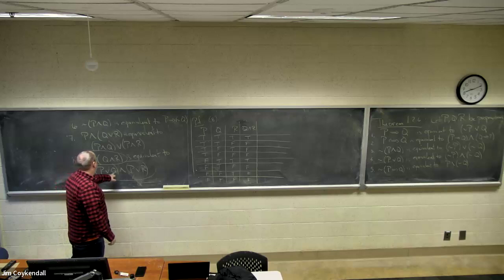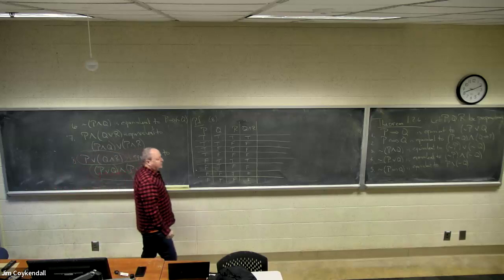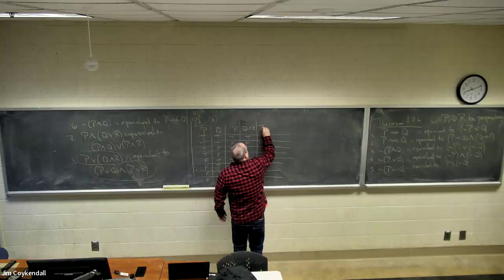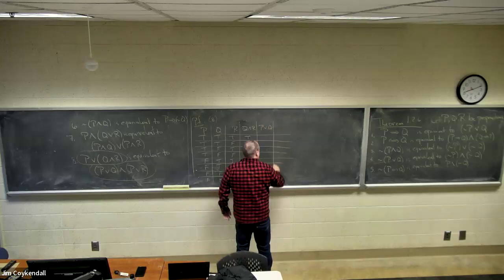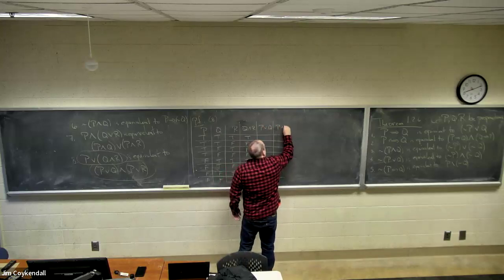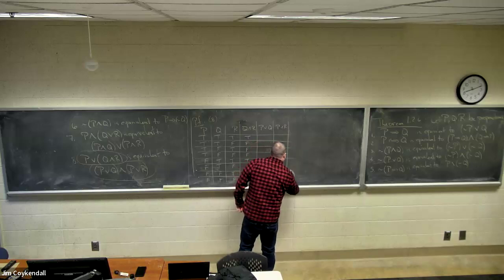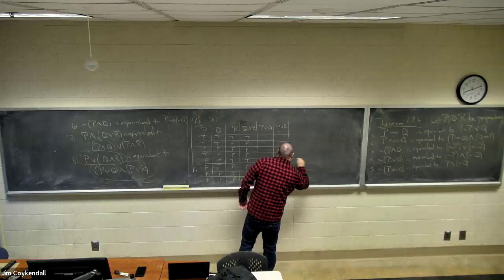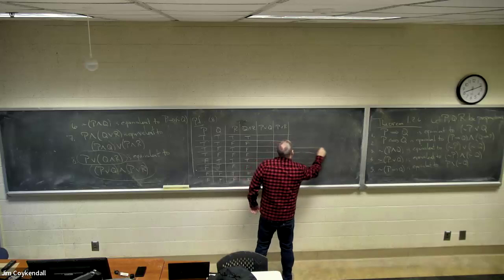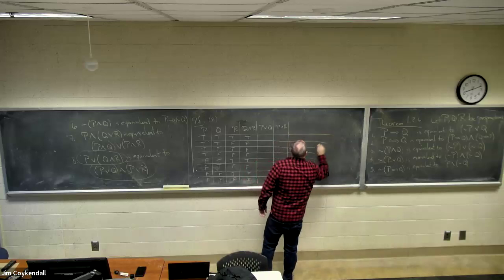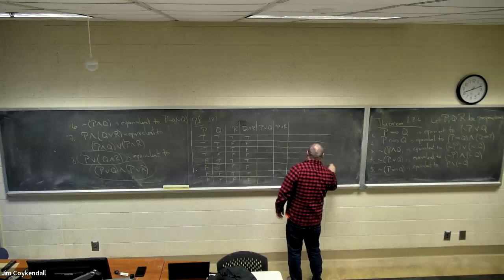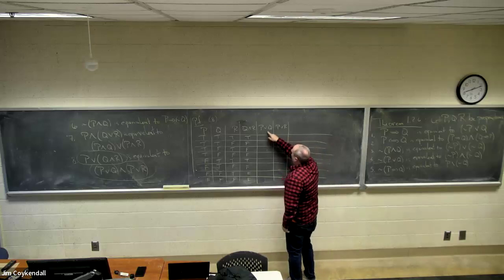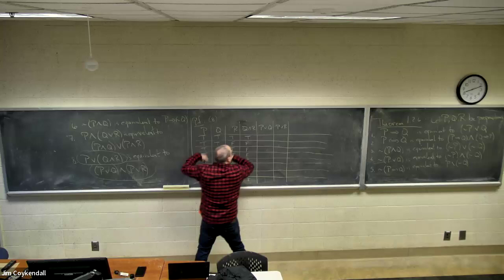Now we have P or Q, P or R. So let's move a couple columns here. P or Q, P or R. Okay. So for these, we're comparing the first two columns here.